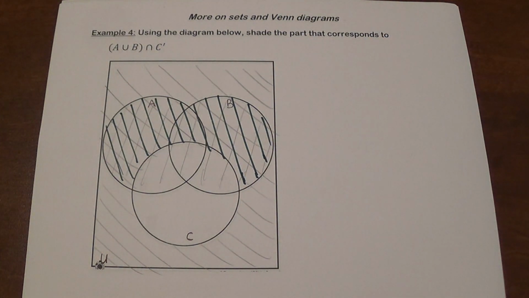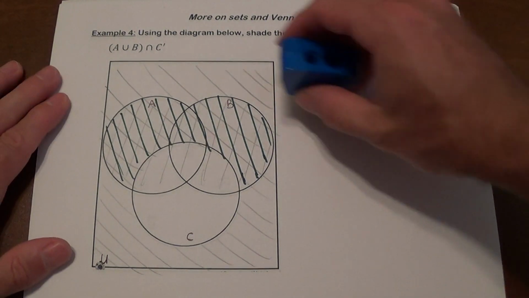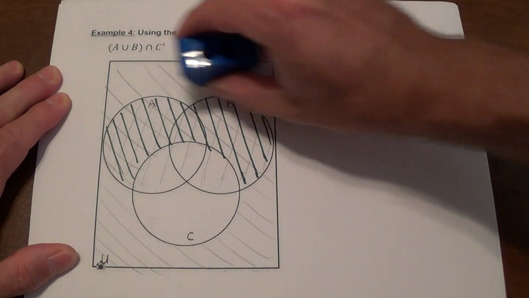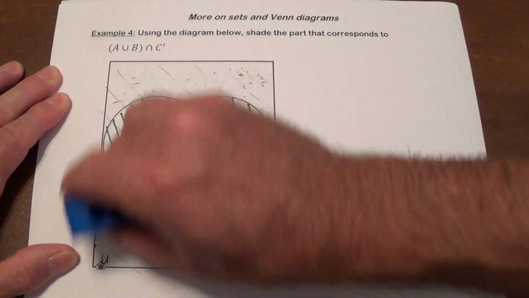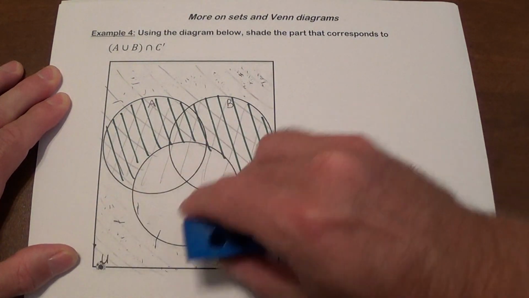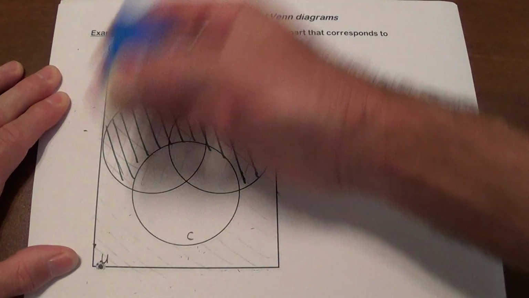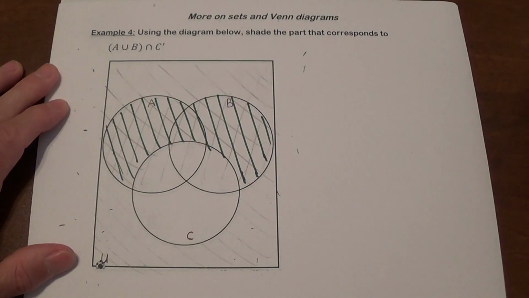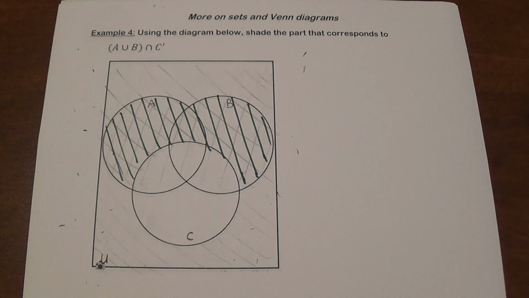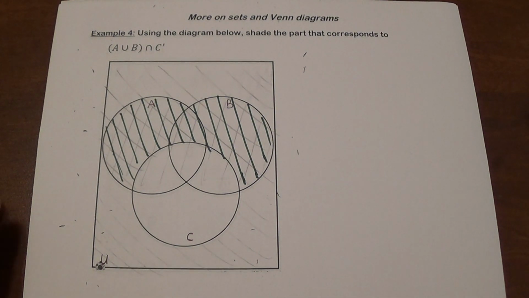Okay, so everything that is shaded in the marker is what we need. Everything that is shaded in pencil is not part of that, so we can clear that. Okay, I'm going to clear that so that we don't get confused. Alright, so that would be the region that corresponds to that.